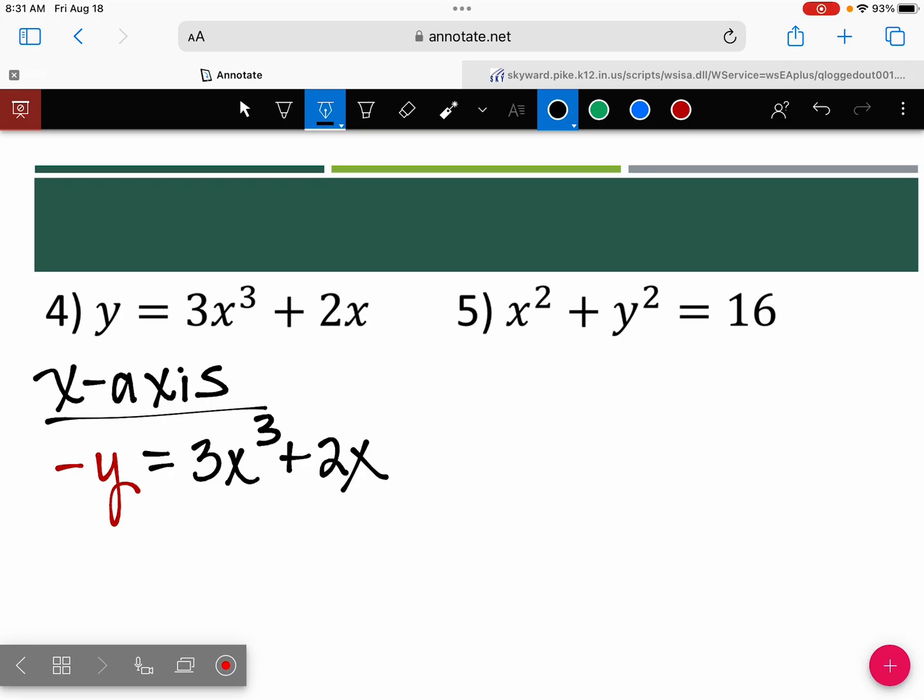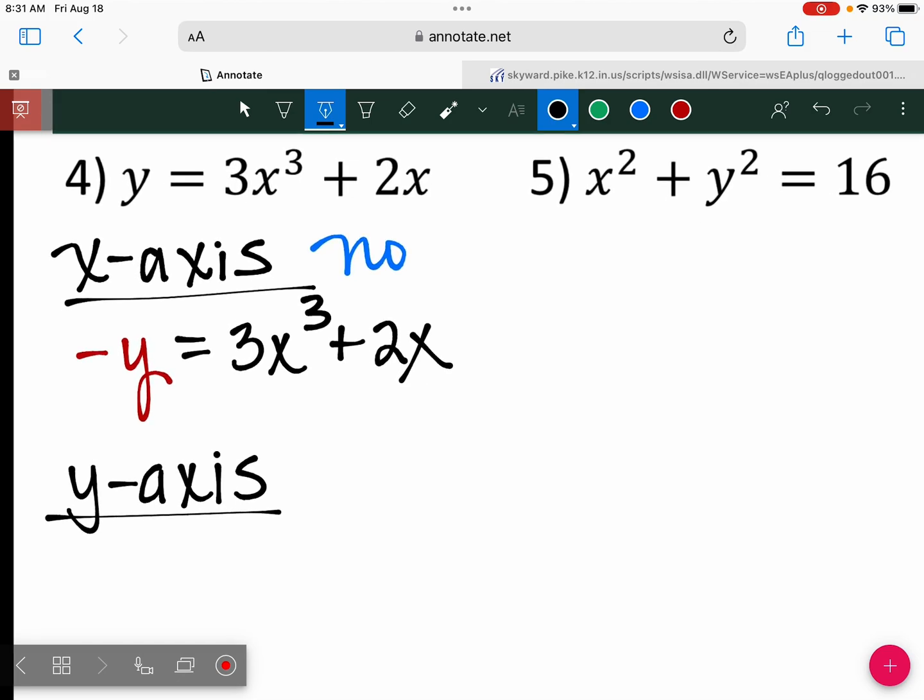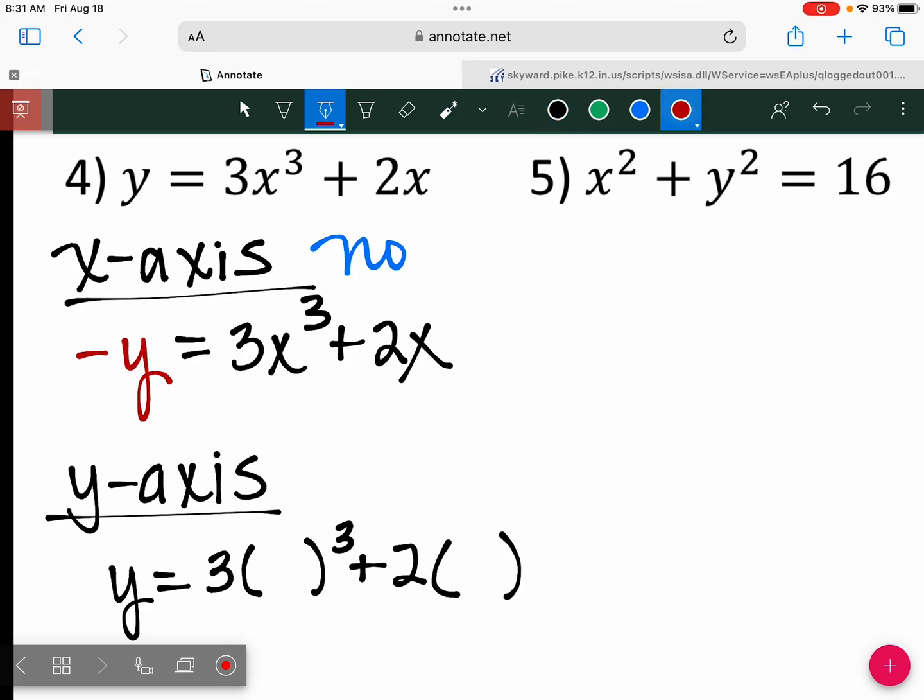So would you say yes or no for x-axis? Nope. So again, remember, odd exponents stay negative, and both of these x's in this equation have powers that are odd.